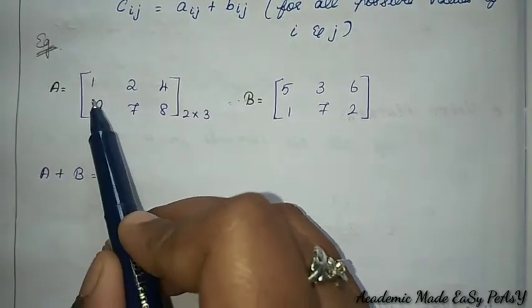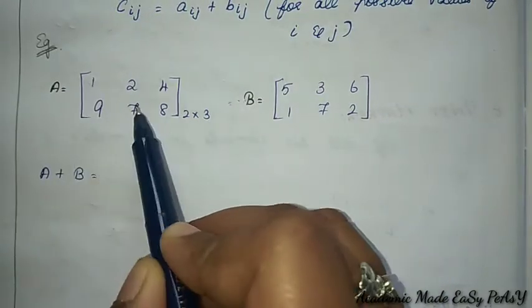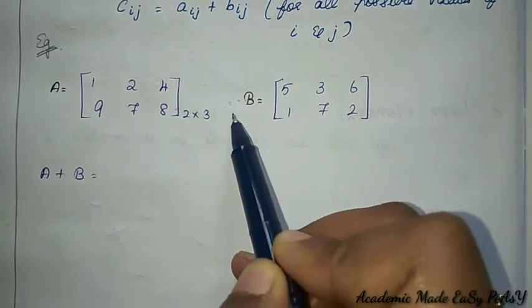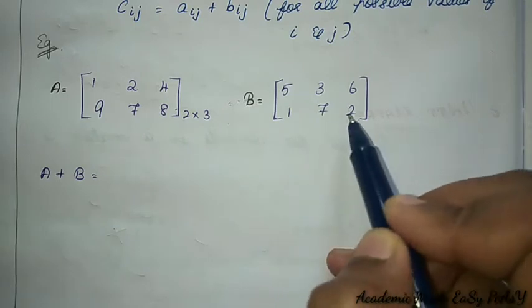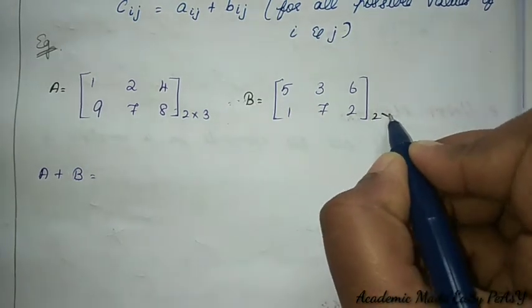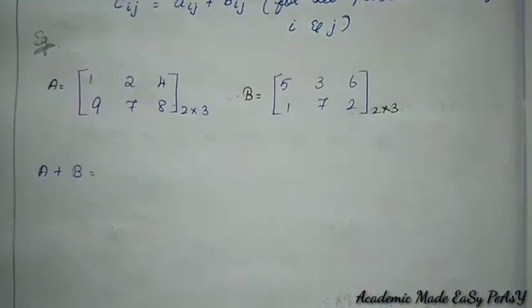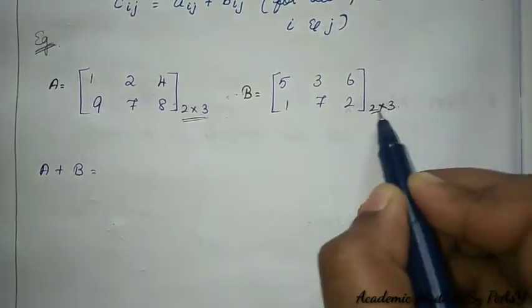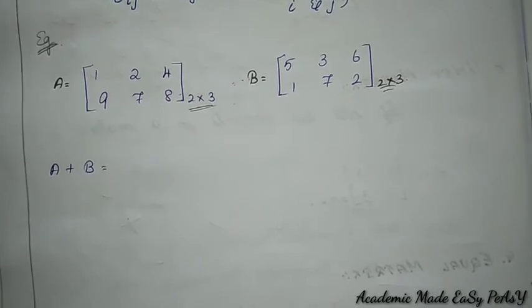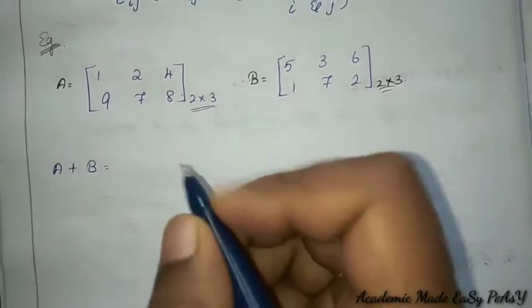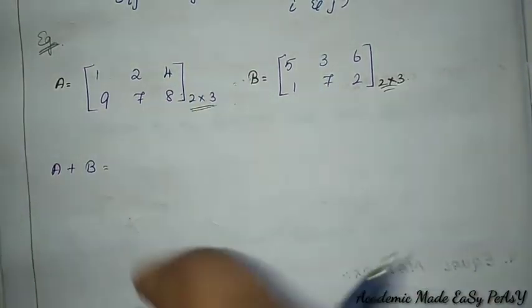Example: A = [1, 2, 4; 9, 7, 8], which is a 2 by 3 matrix. B = [5, 3, 6; 1, 7, 2]. This is also a 2 by 3 matrix. So the orders of these two matrices are the same, so I can perform addition on these two matrices. Now I have to write these two matrices as they are.